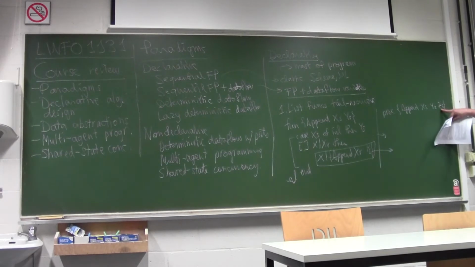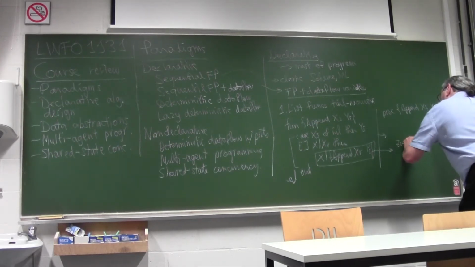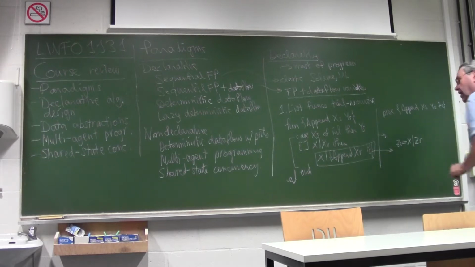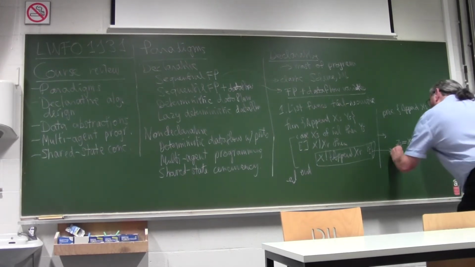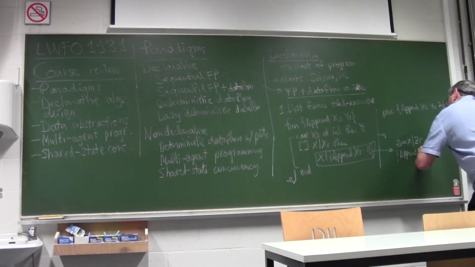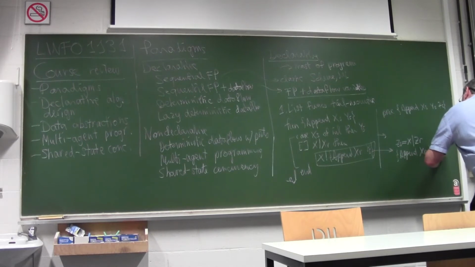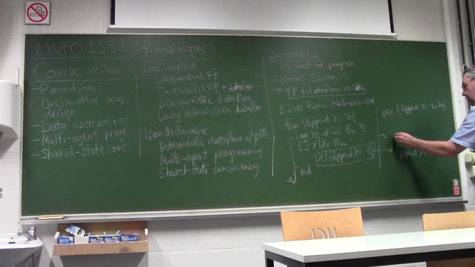So the result will become visible in the head of the procedure. Then we can write it like this. ZS, which is the result, is equal to X bar ZR, and then we have a recursive call, Append XR, YS, ZR.